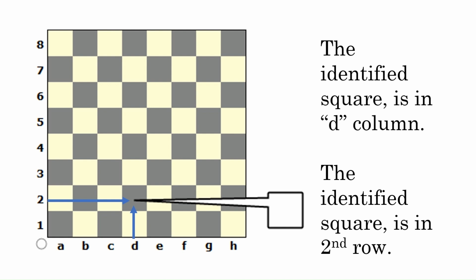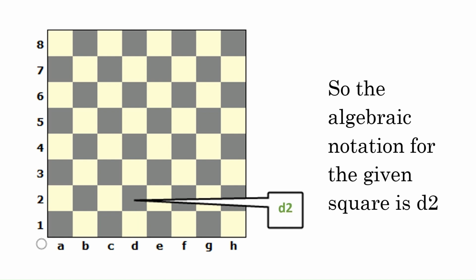So, what could be the answer? Should we write it as D2 or 2D? Correct. You have to write it as D2 because the column should be mentioned first and then followed by the row position.